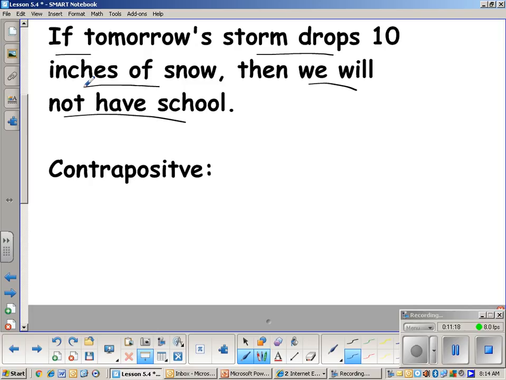The inverse of this we just wrote said, if tomorrow's storm does not drop 10 inches of snow, then we will have school tomorrow. So now what we need to do is mix those two together. So we're going to take this part and switch it to the beginning and do what to it?